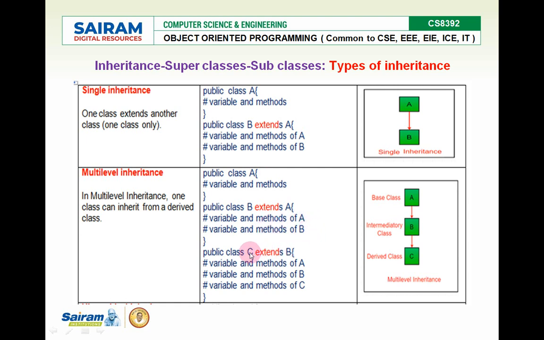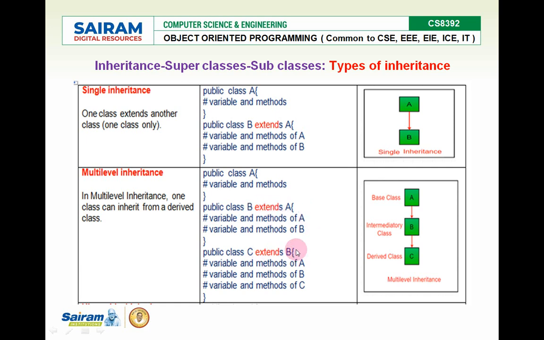In the third level, class C extends class B. In turn, all the methods and variables available in class B are inherited by class C, along with A's variables and methods.